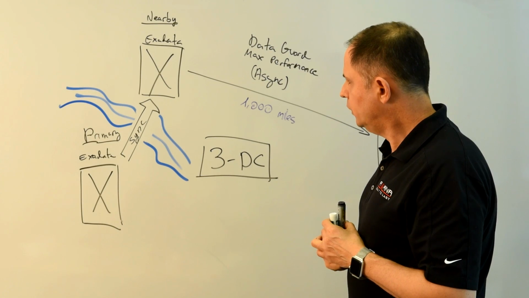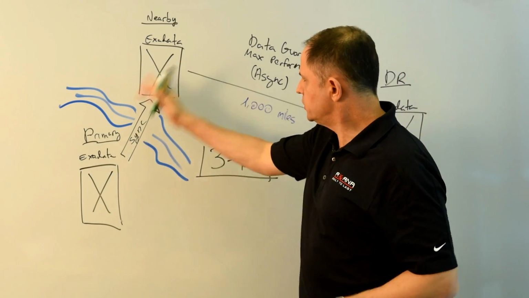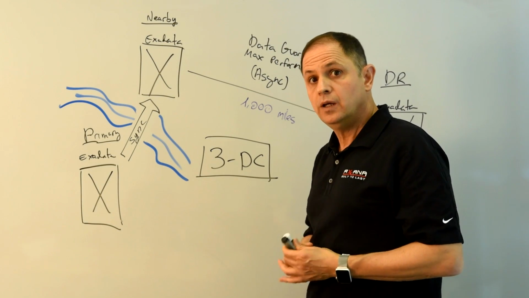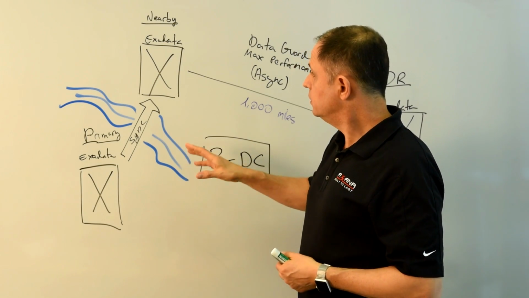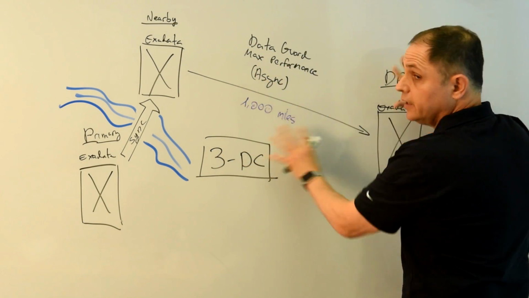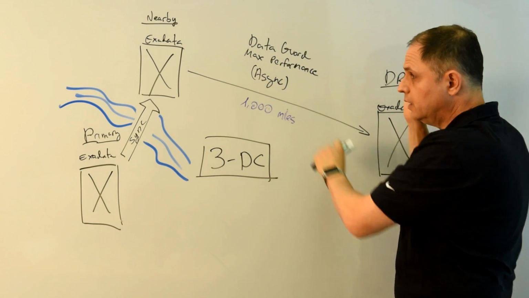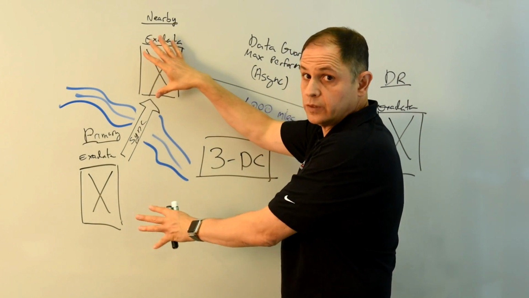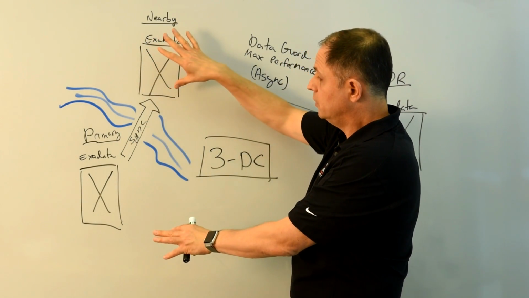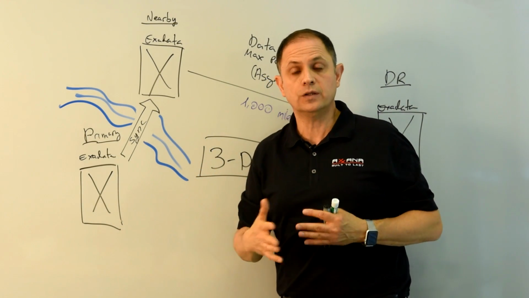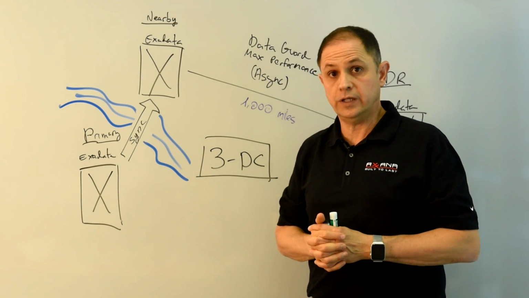Now, why do you do all this? Why do you not just do synchronous? Because what happens if you have a regional disaster? If you did not have the asynchronous leg, then you would commit to zero data loss with synchronous replication. You would report that you are protected with synchronous zero data loss protection.